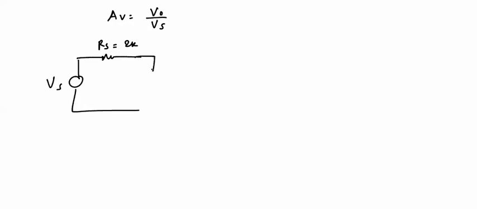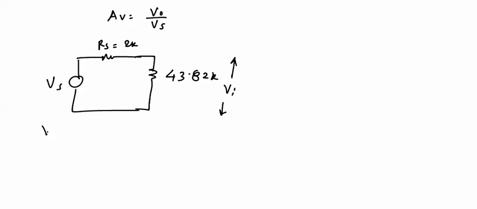Now we are asked to calculate AV equal to V0 upon Vs. We have calculated V0 upon Vi, this voltage gain, and it was minus 1.5. Now the circuit shown is Rs equal to 2K. This is Vs, and Ri dash just now we have calculated it as 43.82 kilo ohms, and across this resistance there will be an input voltage Vi.